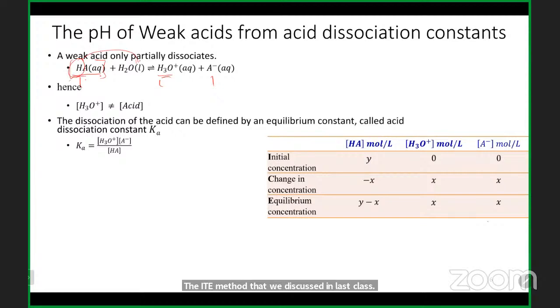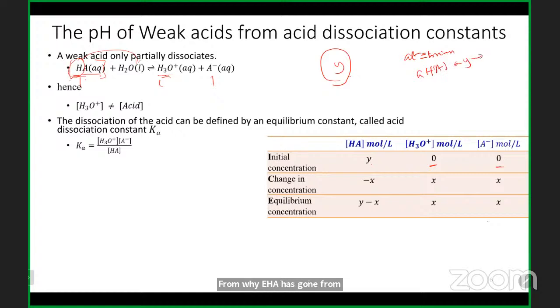Imagine originally you start with Y moles of HA. At the initial stage, there is no H3O plus, there is no A minus. However, at equilibrium, HA has gone from Y to Y minus X. That's how much of it has dissociated.